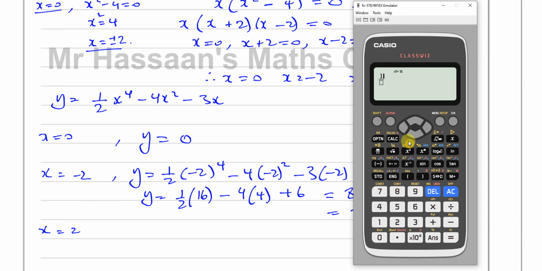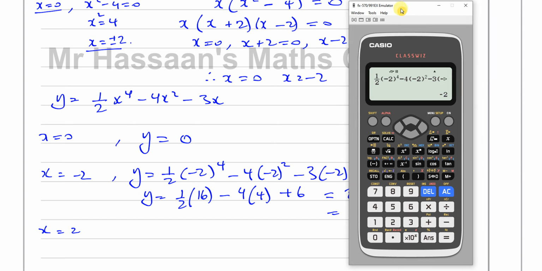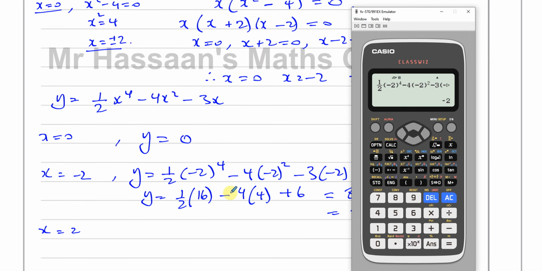You can say a half, and in brackets negative 2 raised to the power of 4, minus 4 times negative 2 squared, minus 3 times negative 2, and that gives us negative 2 as we found. So that's fine. So when x is negative 2, y is negative 2.